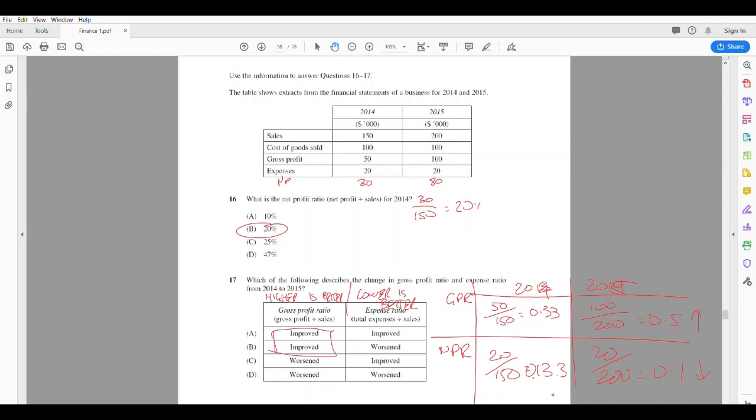So our expenses have gone down in terms of our sales. So it's gone from 0.13 to 0.1. So that's better. So in 2015, it's also improved in expenses. So answer is A for question 17.